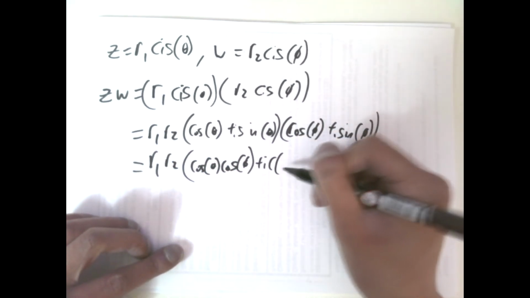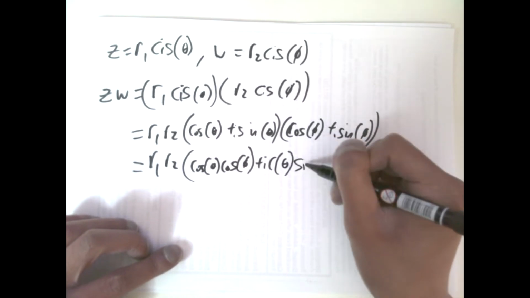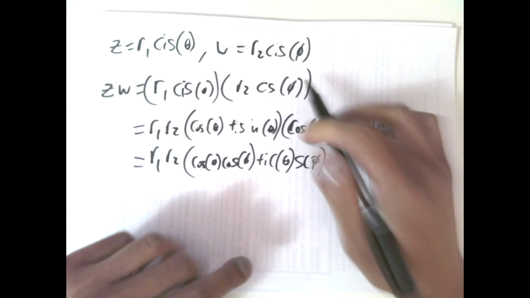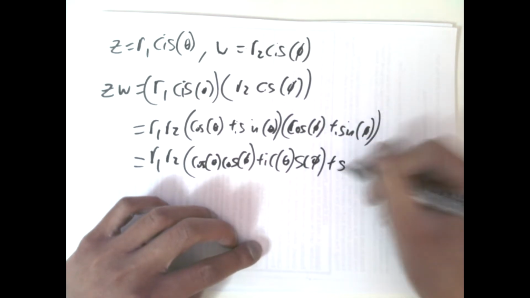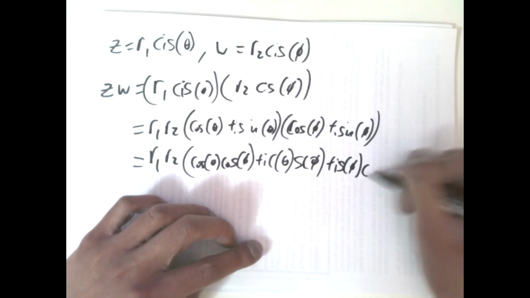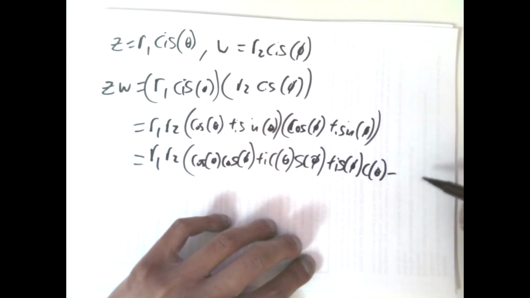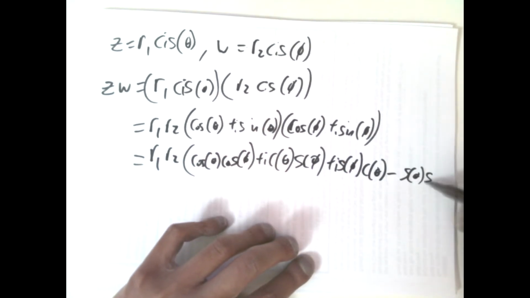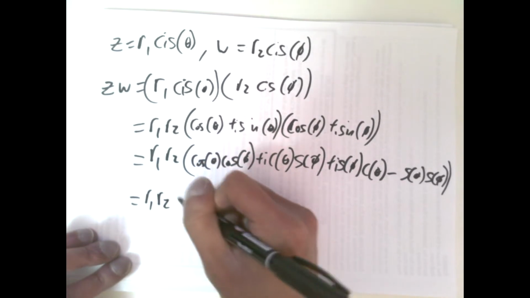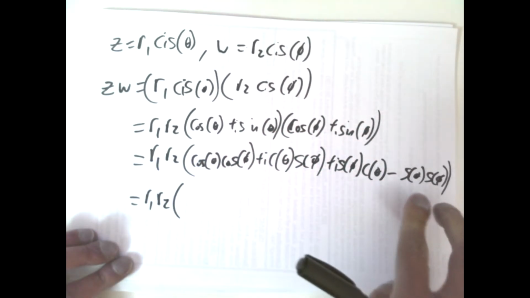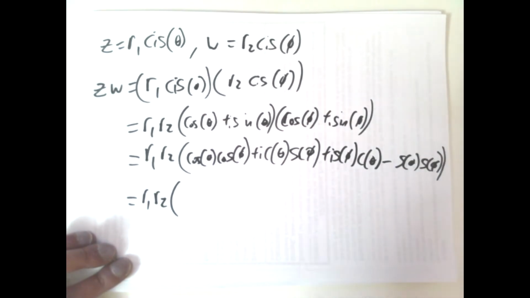I'm going to write c for cosine and s for sine. i sine theta times cosine phi, and i sine theta times i sine phi. Let's group all the real parts and imaginary parts together. Cosine theta cosine phi is real, minus sine theta sine phi is also real.